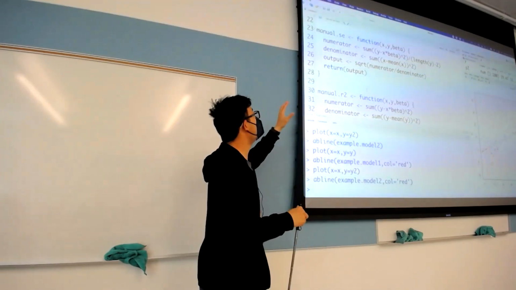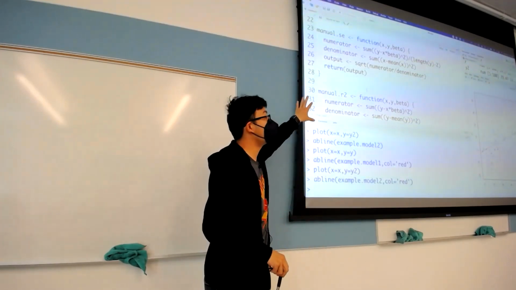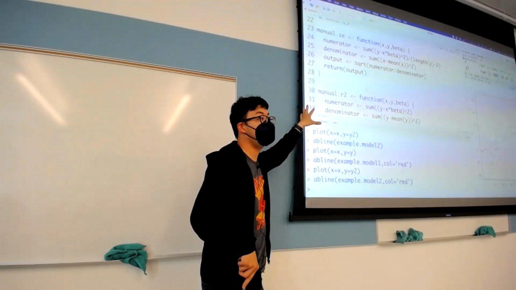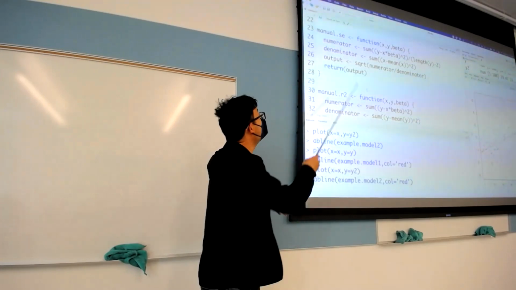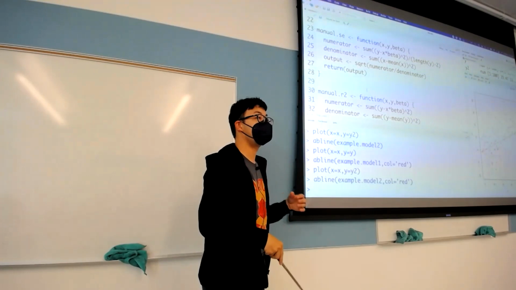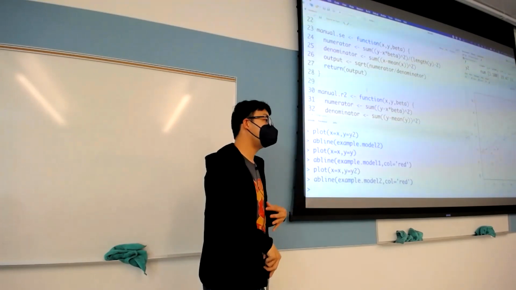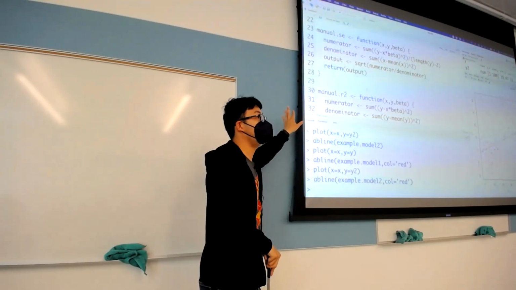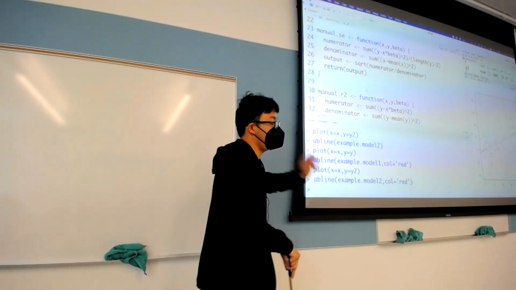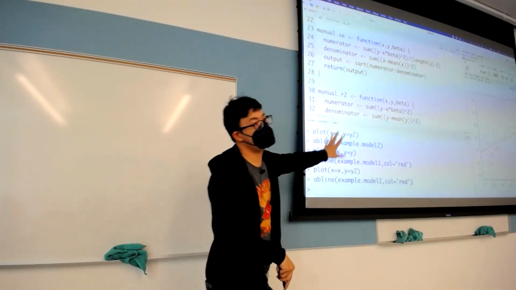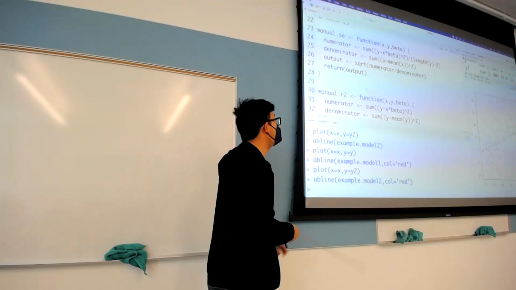So that's the equation for standard error. All I've done here is take that equation and manually put it into a function so that I can calculate it for myself instead of relying on the LM. I'm doing this for a particular reason. This isn't something that you will really ever have to do.